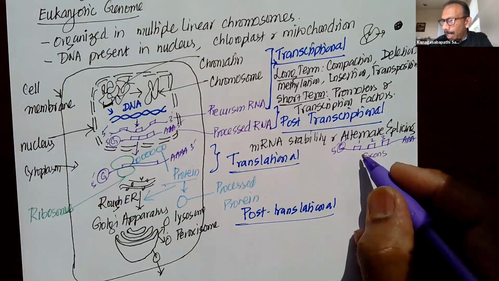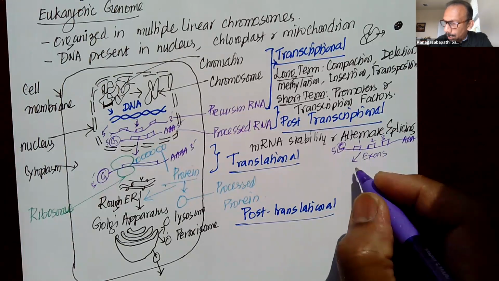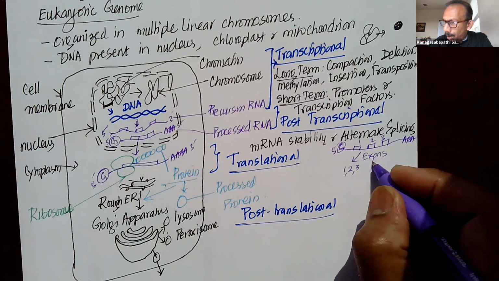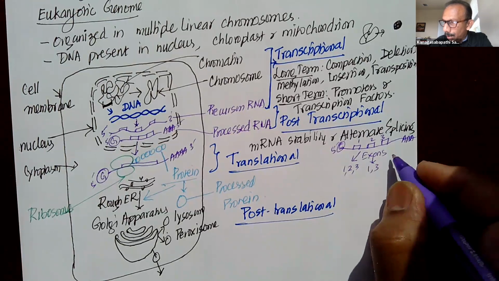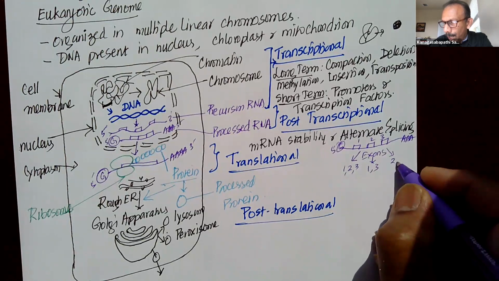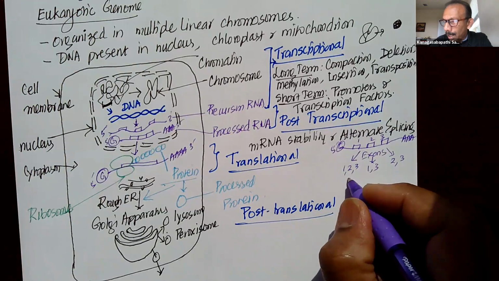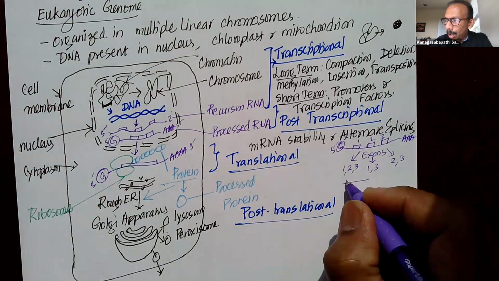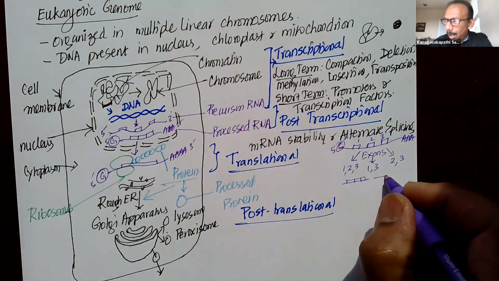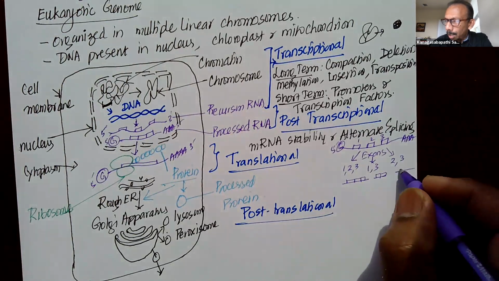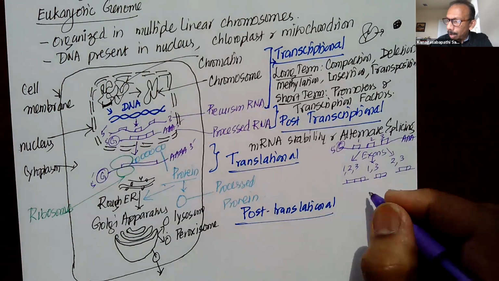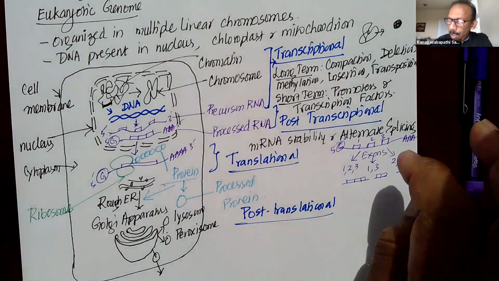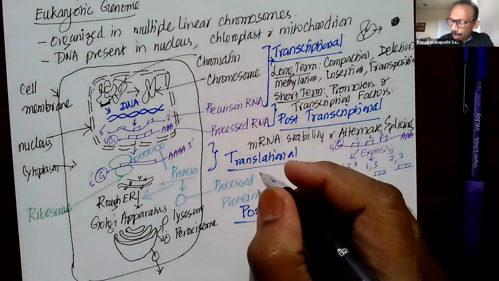They can splice in different ways, like exons 1, 2, 3 combined together, or exon 1 and 3 combined together, or exon 2 and 3 combined together, making totally different proteins here. That is what is called exon alternate splicing. So they make 3 different types of protein. That's alternate splicing. But once this is done, then you come to the translational level.